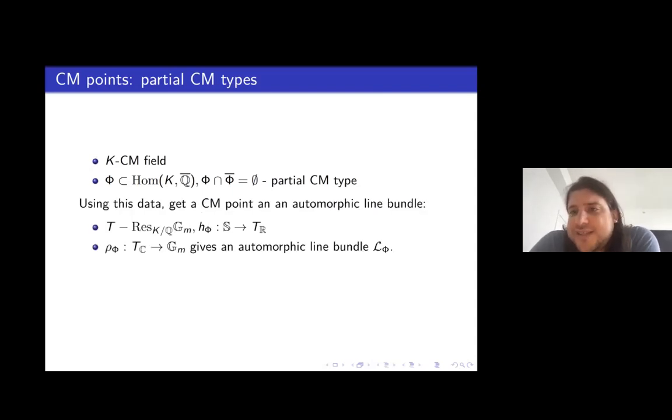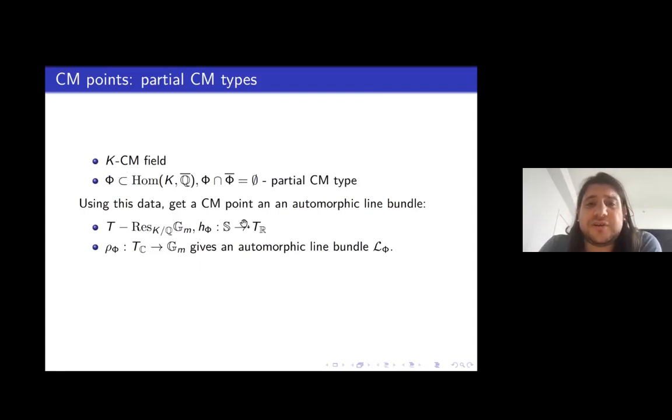Using this data, just like for abelian varieties, you can define a CM point. You take your torus to be, there's many choices, but I'm going to just pick one, the restriction of scalars from your CM field, Q of G_m. And now a conjugacy class of maps is just a map for tori, because tori are abelian. And so you get this map, which is defined in terms of this partial CM type.